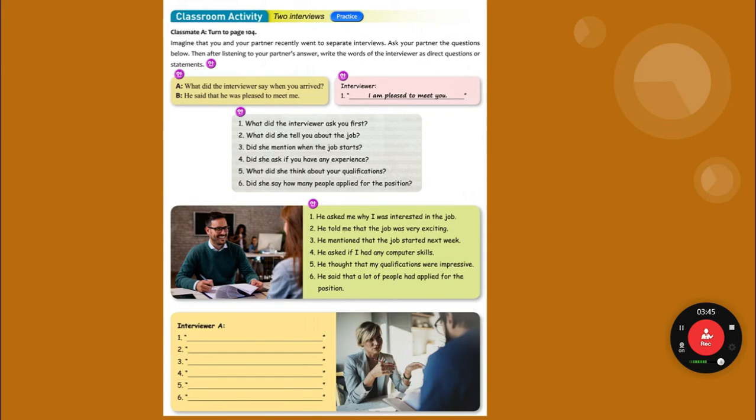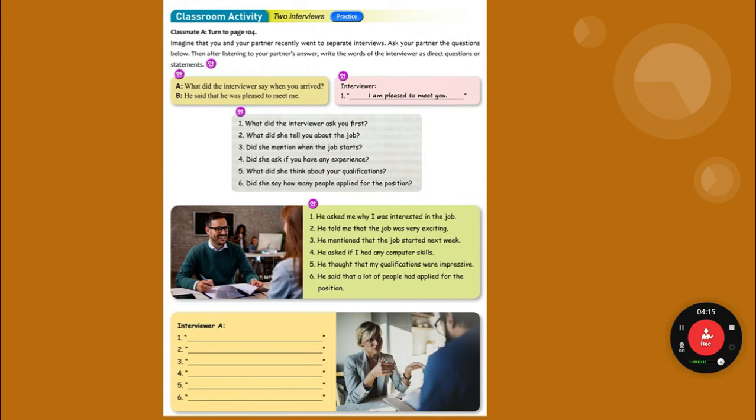Did she mention when the job starts? She mentioned that the job started next month. Did she ask if you have any experience? She asked if I had any marketing experience. So what you're going to write there is, do you have any marketing experience? Okay, what did she think about your qualifications?